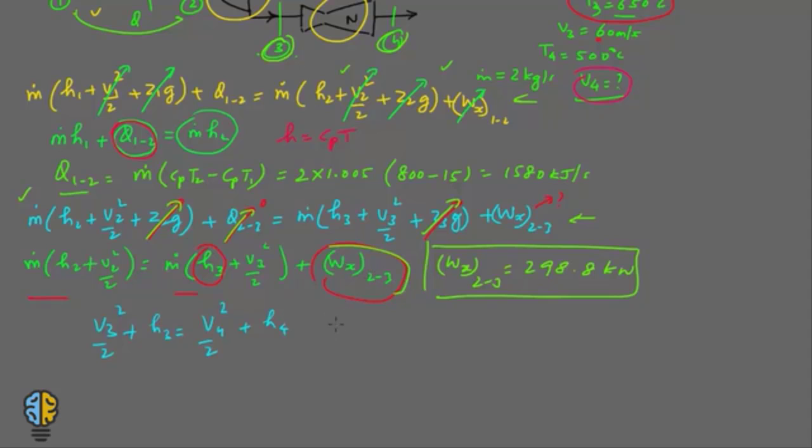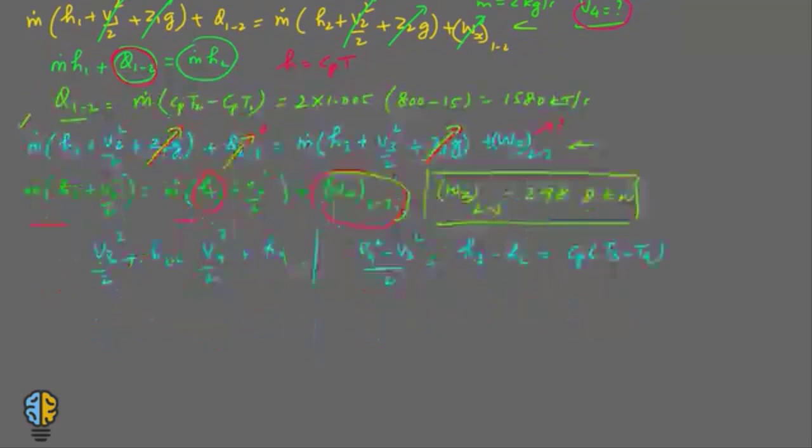And this can be written as V4 square minus V3 square by 2 is equal to h3 minus h4, which is Cp into T3 minus T4. And T3 is 650 and T4 is 500. And V3, how much is V3? It is 60 meters per second.